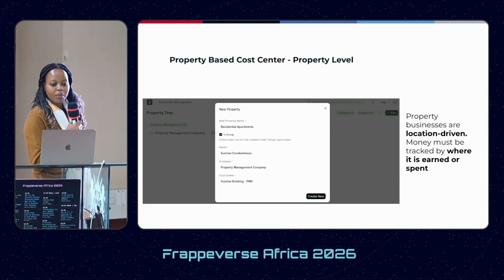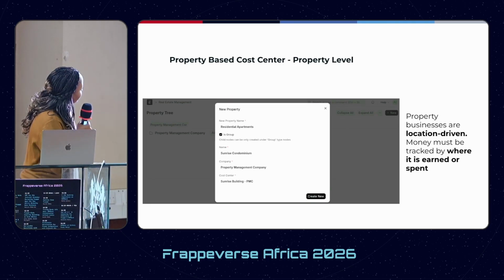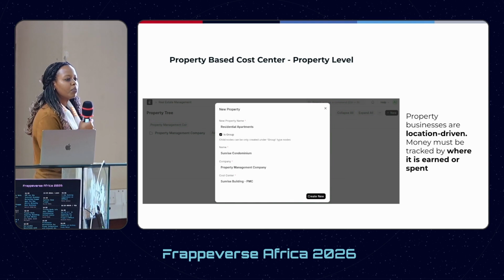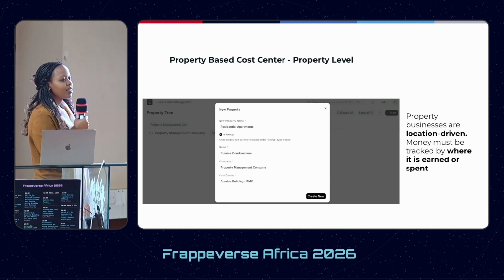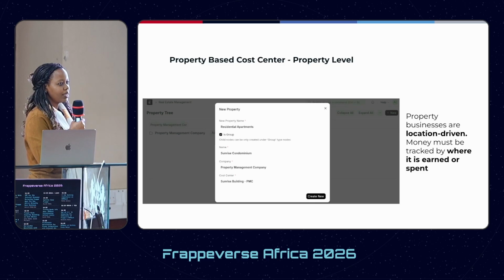So for the property-based cost center at the property level, as you can see here, while using our property module, we configure every property with its own cost center. Every property that we configure in the system will have its own cost center.